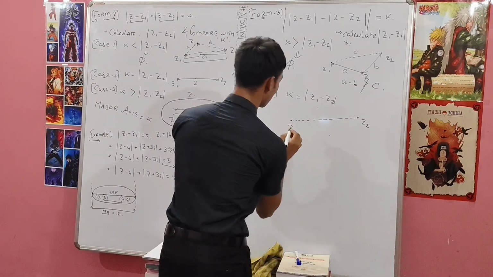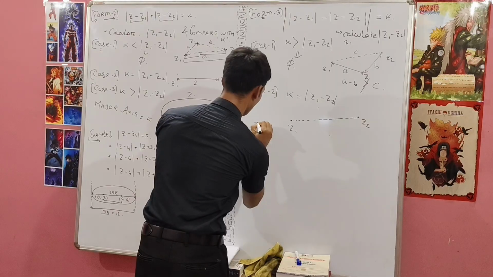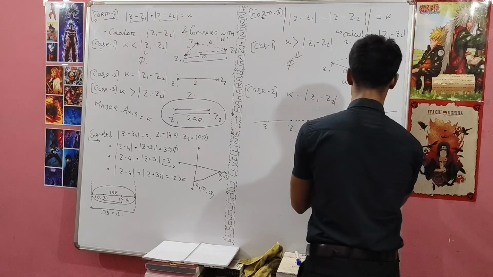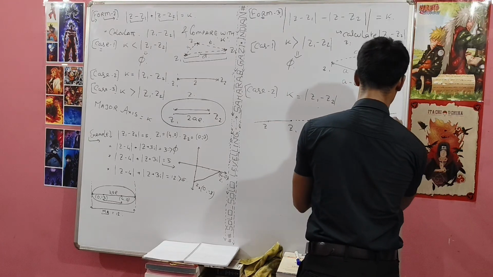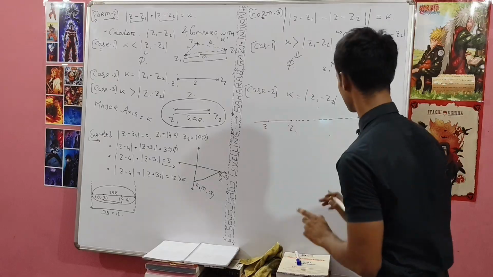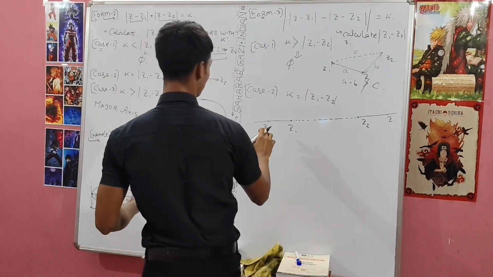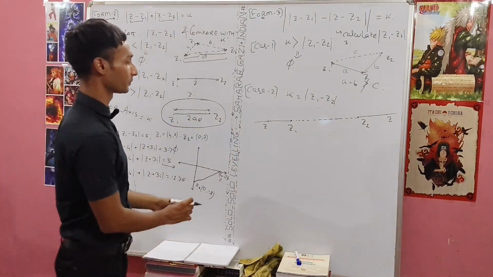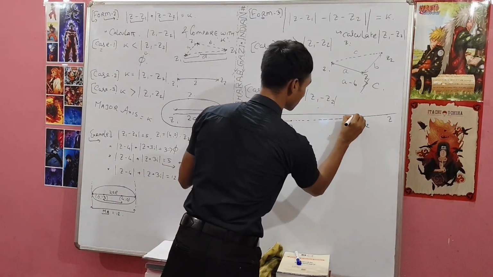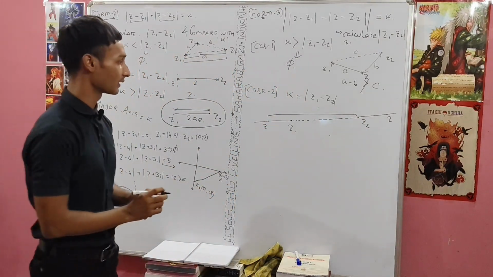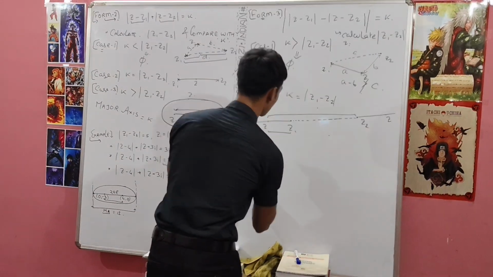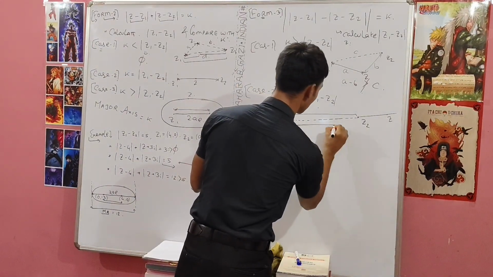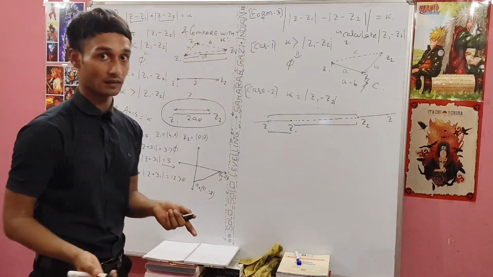Now, if we put z on this extended line, let's say z is somewhere here, then the distance between z and z2 is this, and the distance between z and z1 is this. If you subtract these two, what will you find? You will find this distance, which is equal to k, right?